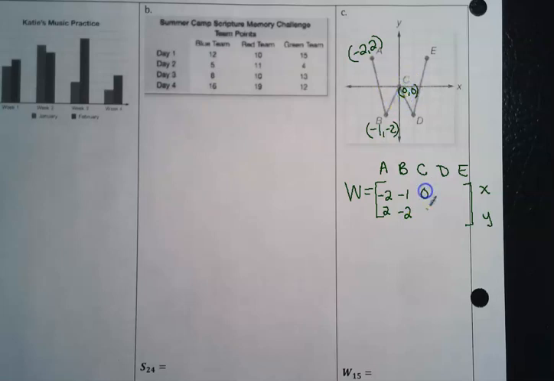So in our matrix, we're going to have 0, 0. D is good, +1, -2. So in our matrix, we're going to have +1, -2. And E, what's the ordered pair for E? +2, +2. Fantastic. So in our matrix, we're going to have +2, +2.